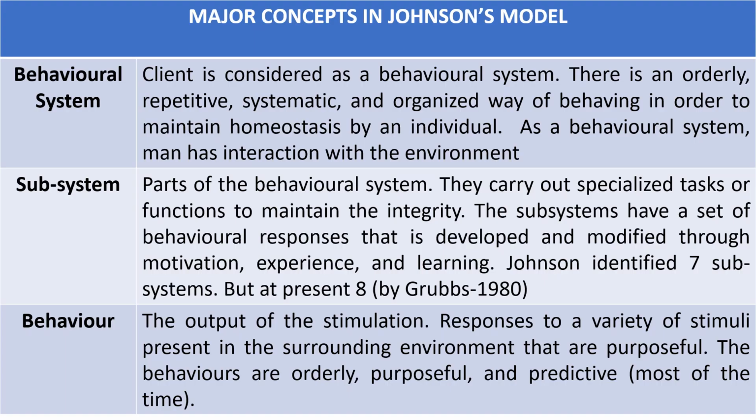Next, moving on to the major concepts in Johnson's model. The first concept is behavioral system. As already told, human being or man or client is considered as a behavioral system. This behavioral system is an orderly, repetitive, systematic and organized way of behaving.